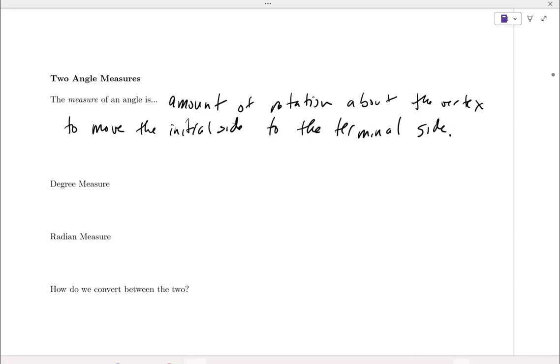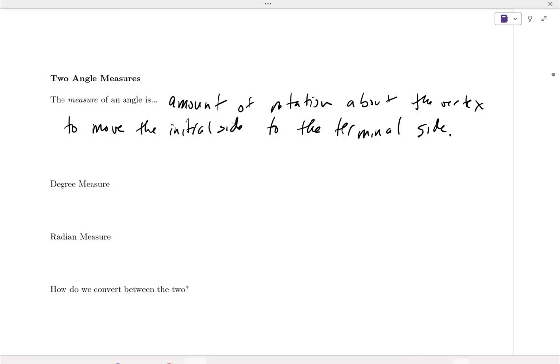But we don't want any ambiguity at all. I shouldn't measure an angle and get 20, and you measure an angle and get negative 75. That would be bad, right? So we want to make sure that we're all on the same page about what we mean by angle measure, what we mean by positive, what we mean by negative, how much of a measure it is, and all those things. That's why we're setting it all down to start with. Plus, you've got to start somewhere. So that's all we mean by amount of rotation.